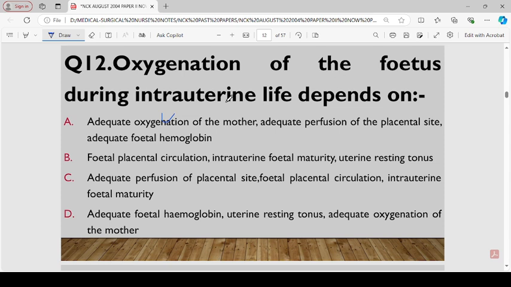That's still correct. And having adequate fetal hemoglobin. I think this one gives us the correct answer for our question, right? The other one may not be a real factor in determining oxygenation of that fetus.